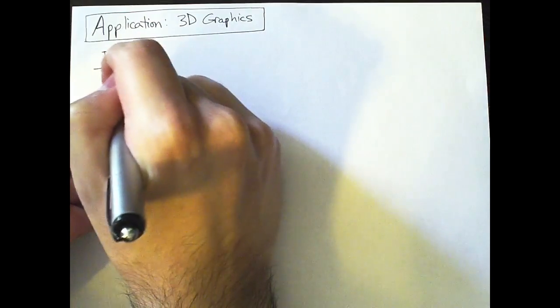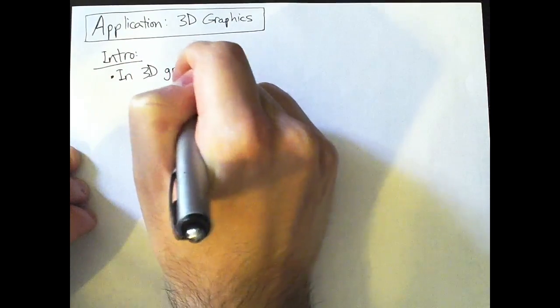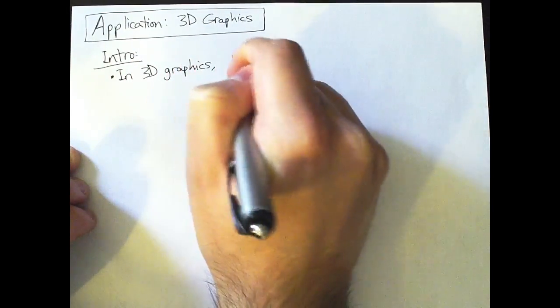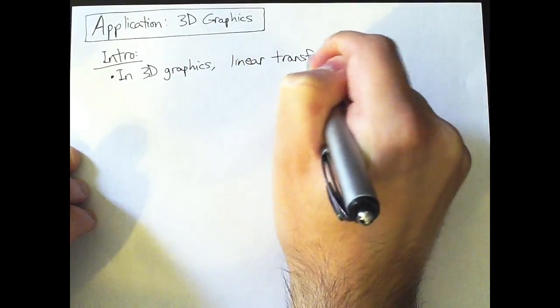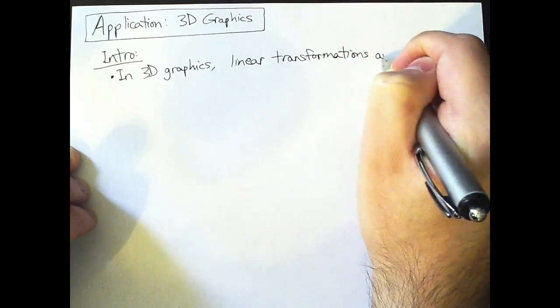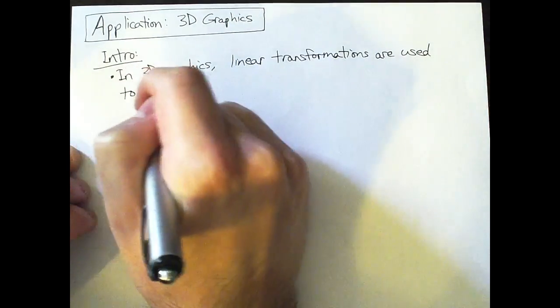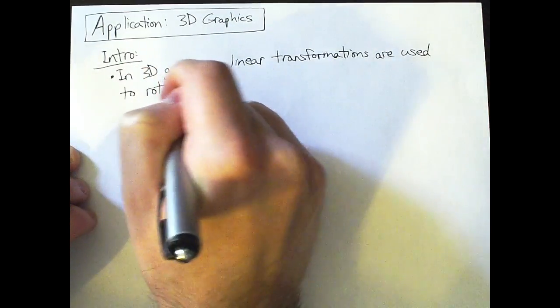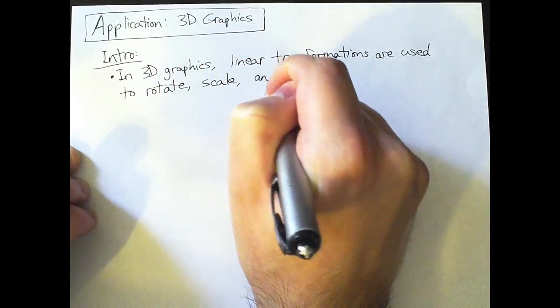I want to say that in 3D graphics, linear transformations are used to rotate, scale, and move objects.